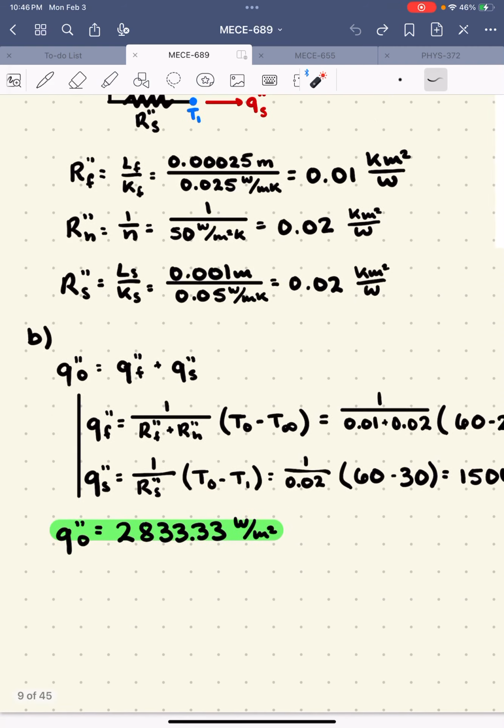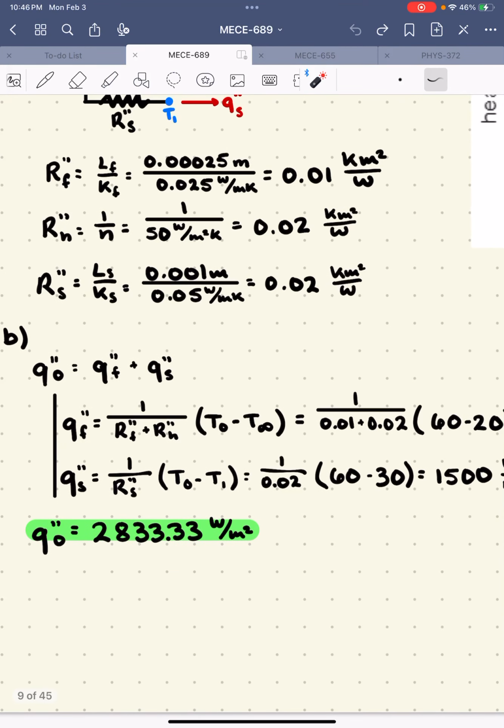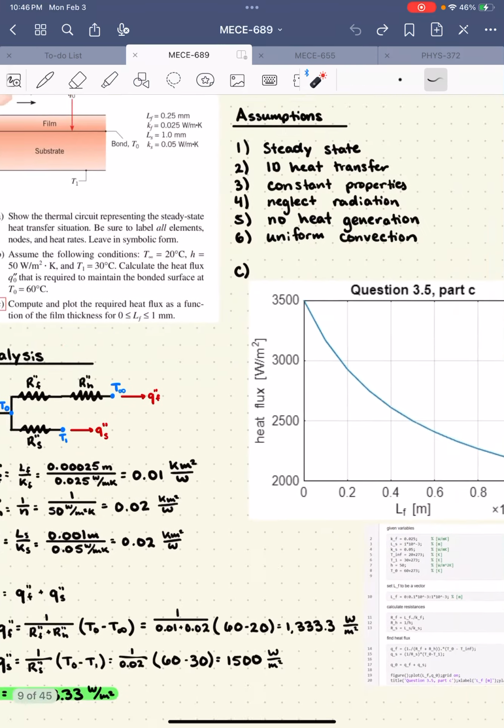Solving these equations and plugging all the variables in, we get that Q double prime naught is equal to 2,833.33 watts per meter squared.